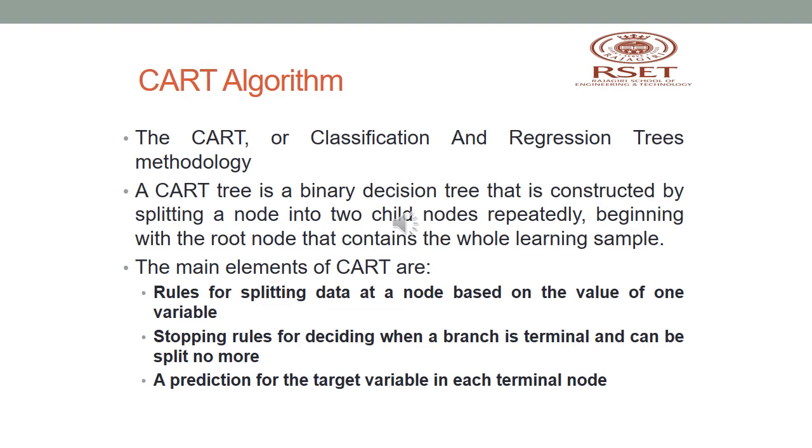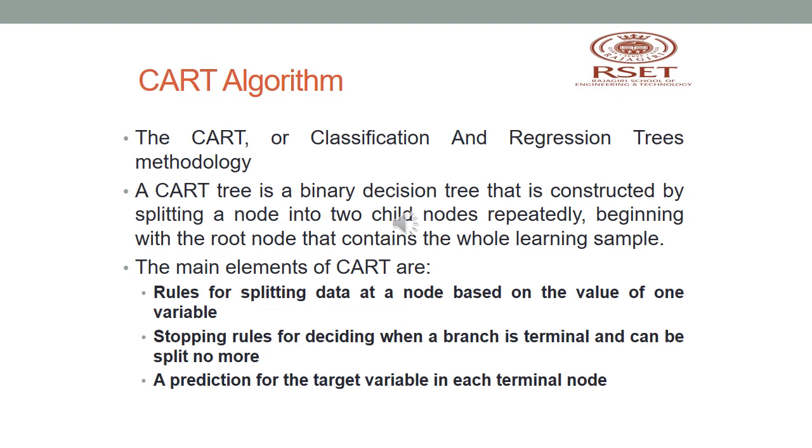CART is a binary decision tree that is constructed by splitting a node into two child nodes repeatedly, beginning with a root node that contains the whole learning sample. Let's see the main elements of CART. The first element is the rules for splitting the data at a node based on the value of one variable.